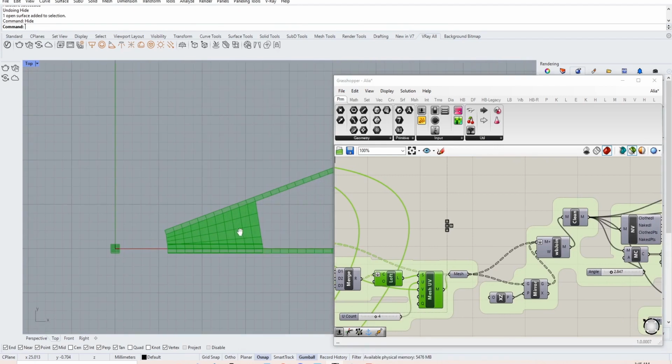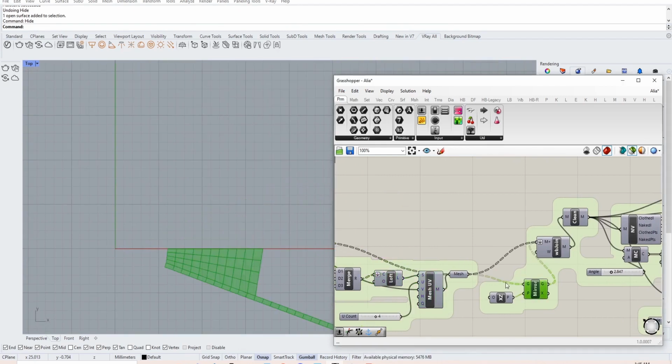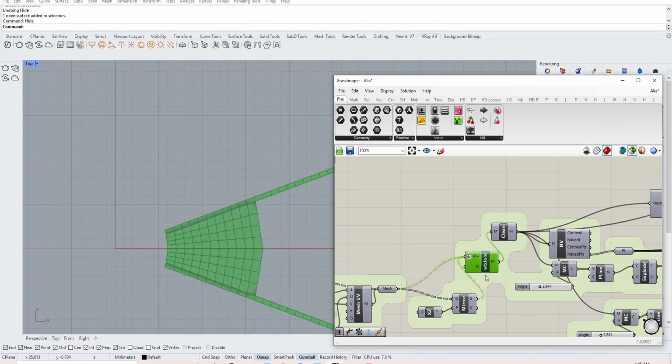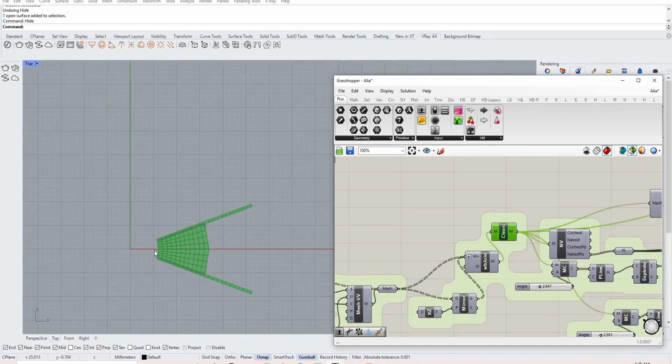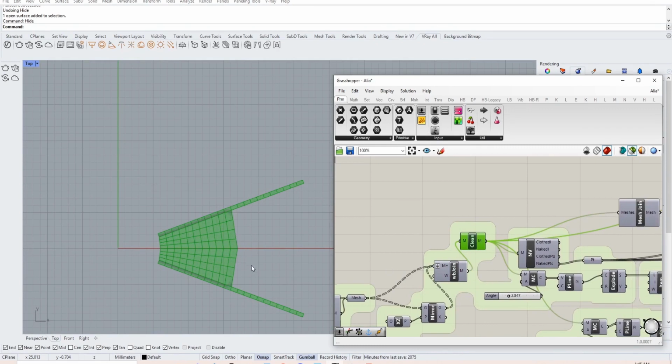Basically, after we create this unit, we mirror it so they are together, and we join them and clean them so they act as one mesh. And that is going to be our unit for the Kangaroo simulation.